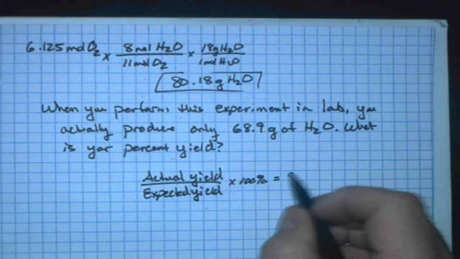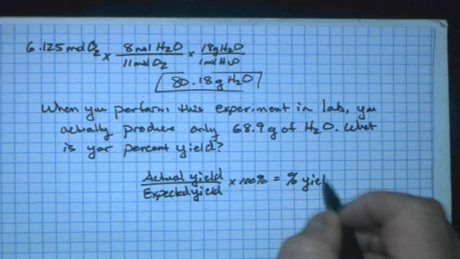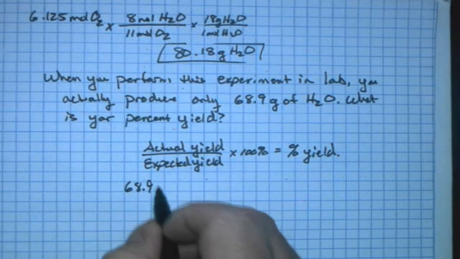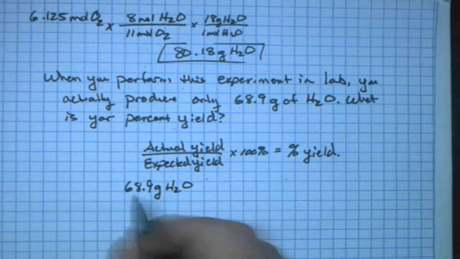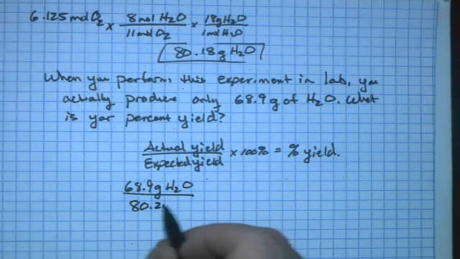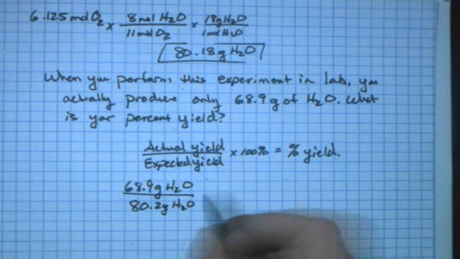And that equals your percent yield. So in this case, it would be 68.9 grams of water divided by 80.2 grams of water.